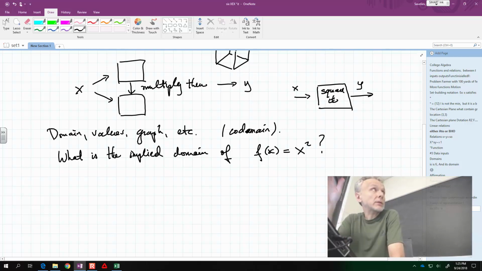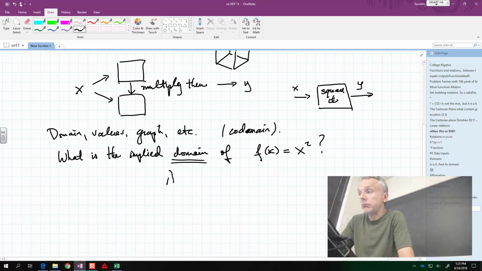Well, remember, domain is supposed to exclude all the values of x for which the function doesn't make sense. So can you think of any values of x for which x squared wouldn't make sense? Implied domain.